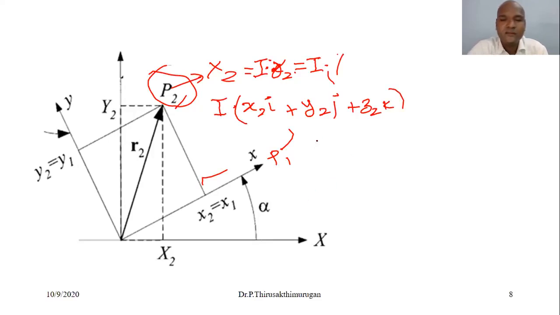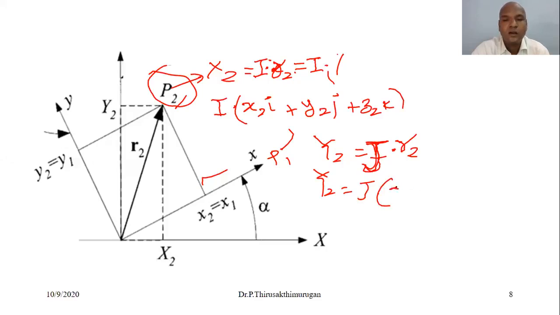Similarly, we can write the relation Y2 equals J into R2, which is X2 i plus Y2 j plus Z2 k.